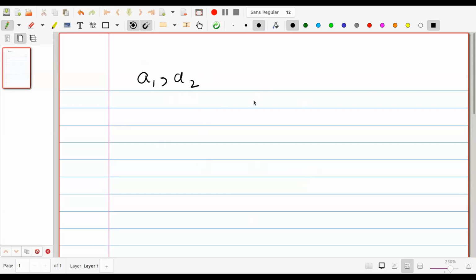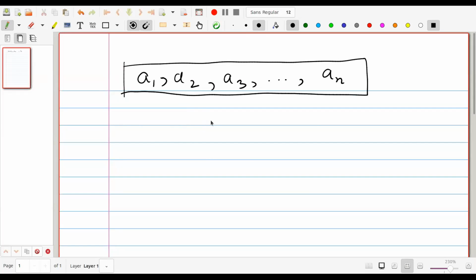As Amul told, you have n numbers, a1 to an, so the input will be n numbers, and what you have to find out is a certain number d. The property of d is that d will be the largest number such that when you divide a1 by d, you get a remainder, suppose r, and you get the same remainder when you divide every other number by d.